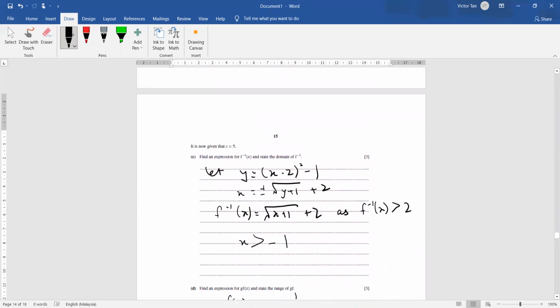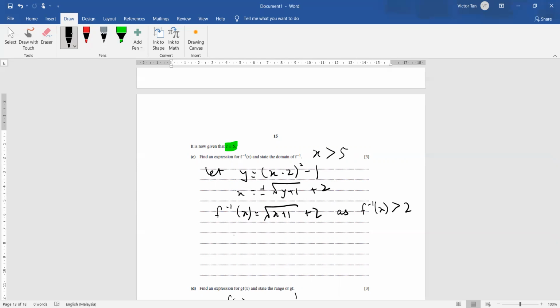Sorry, I made a mistake already. This is wrong. Sometimes it works, you have to be careful. This is c equals 5. Huh? x is larger than 5. Okay. So for f(x), the smallest value of f(x).